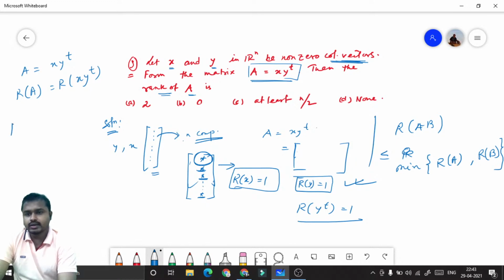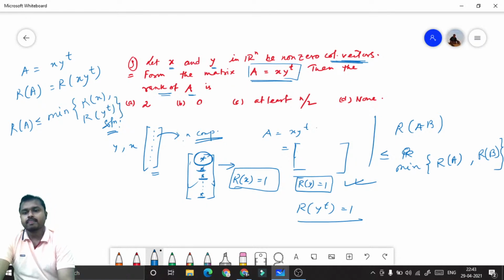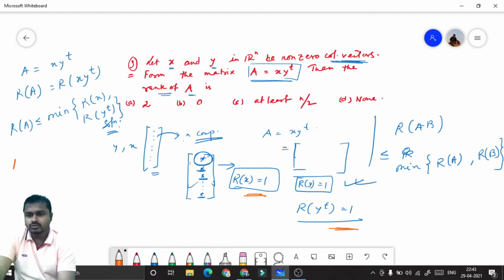So rank of A is less than or equal to minimum of rank of x, comma rank of y transpose. Correct, and already we have the results that rank of x is 1 and rank of y transpose is also 1. So rank of A is less than or equal to minimum of 1 comma 1, that is basically 1.